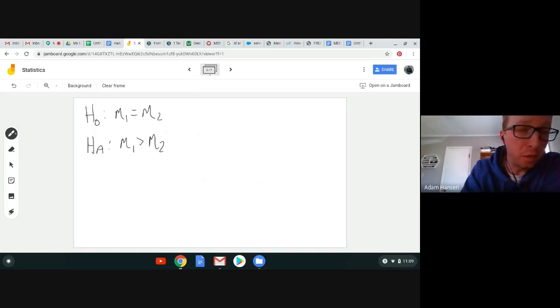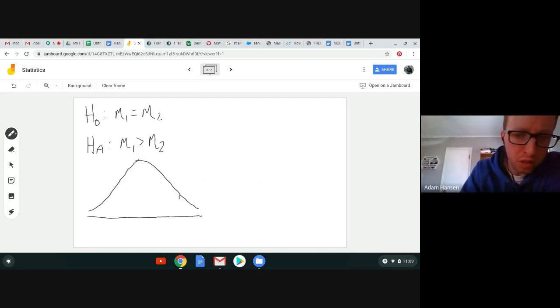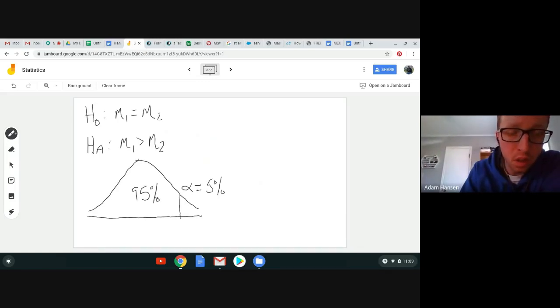We'll set up our rejection region. We're using a significance level of 5%, leaving the other 95% in the remaining part of the distribution. I know that we have an upper tail that I've shaded in here.